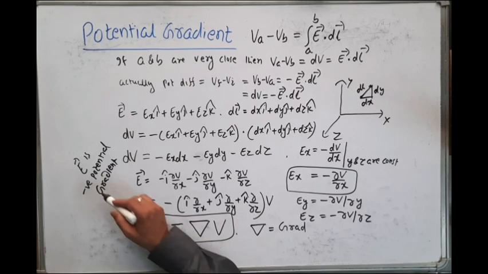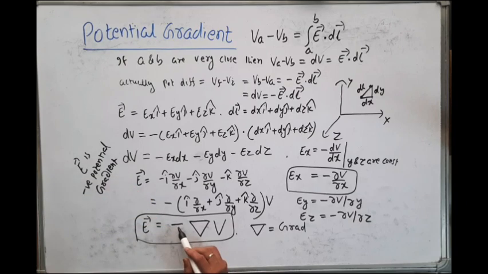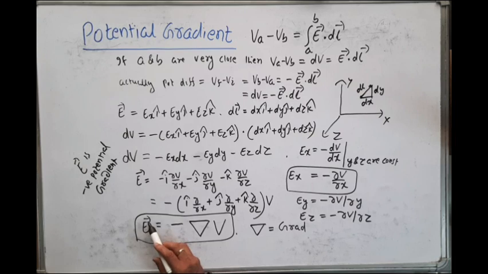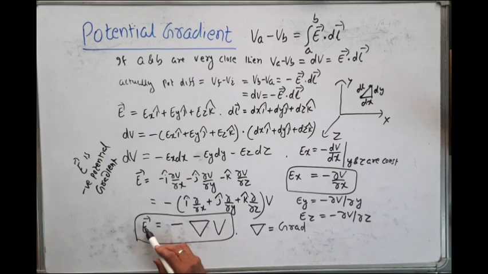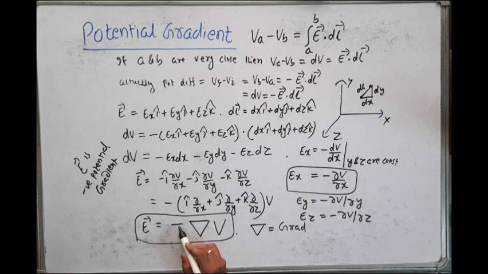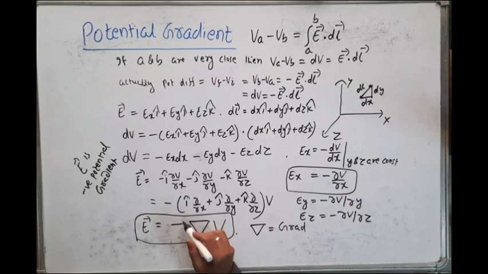So why negative? The negative sign indicates that along the direction of the electric field, potential drops. Here the electric field is the negative of the potential gradient. That means along the direction of electric field, potential drops. That's why this negative sign comes into the picture.